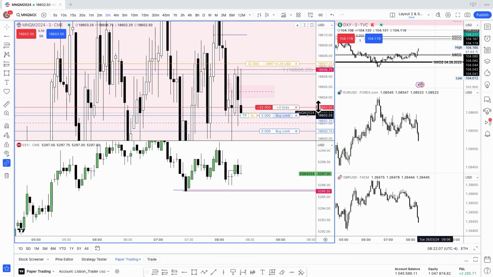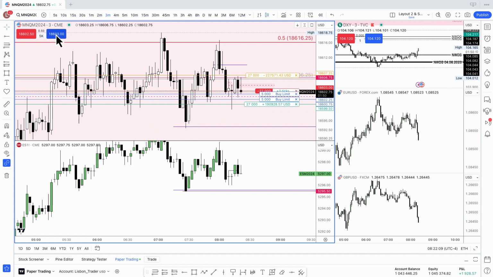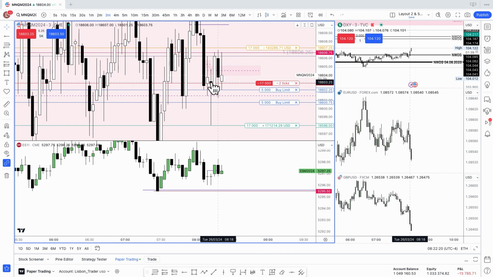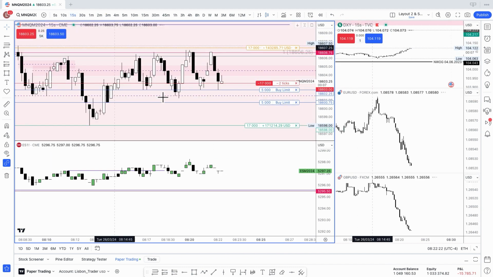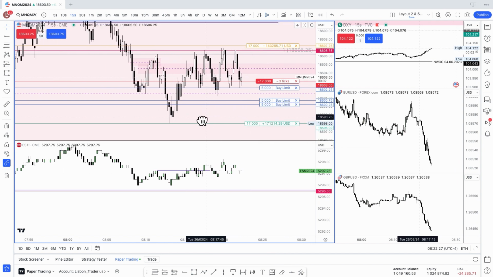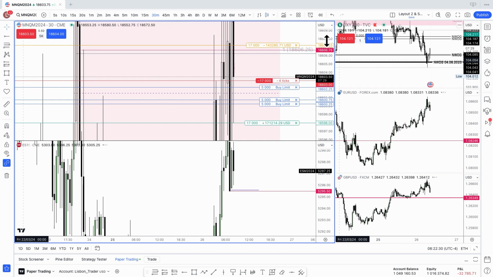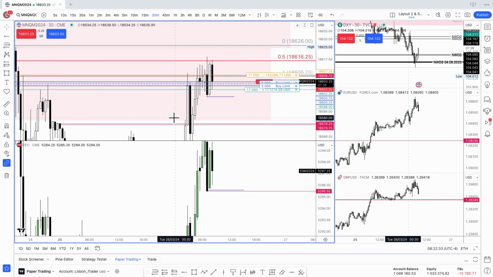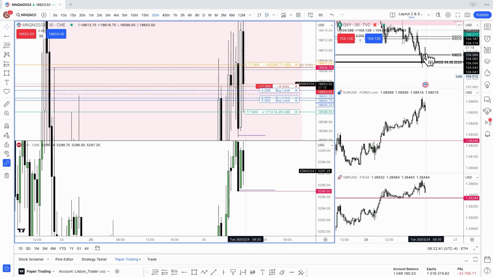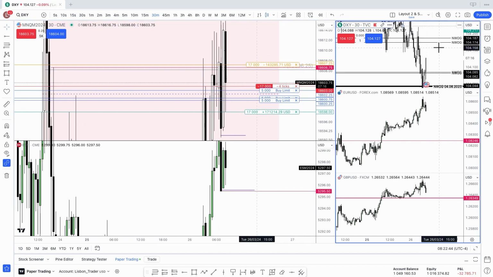Rejecting once, rejecting twice. Want to see this sell side taken before resuming higher. The DXY is pushing to this new weak opening gap.